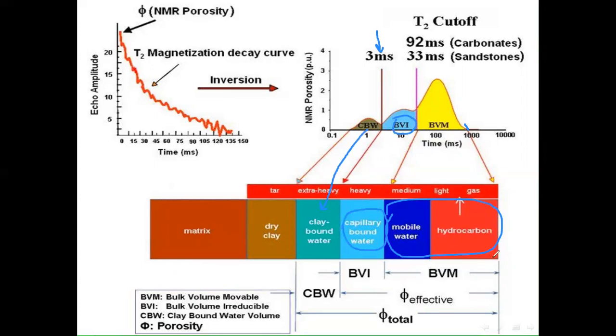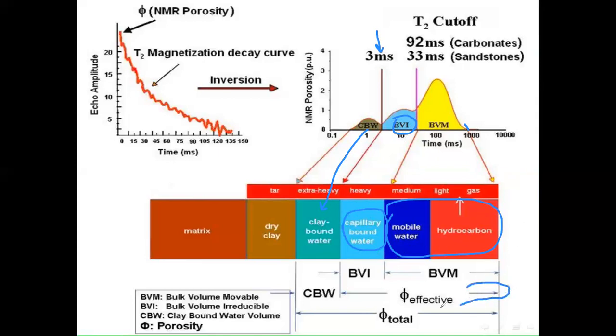So phi effective can be estimated from the area between the cutoff intervals, including both the capillary bound water and the movable water.